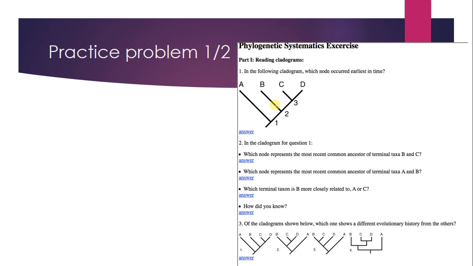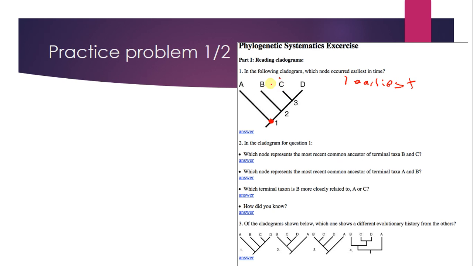Number one, we're looking at this cladogram. In the following cladogram, which node occurred earliest in time? All of our letters are going to be the most recent, and we're moving backwards. So point 1 would be the earliest in time. Which node represents the most recent common ancestor for terminal taxa B and C?